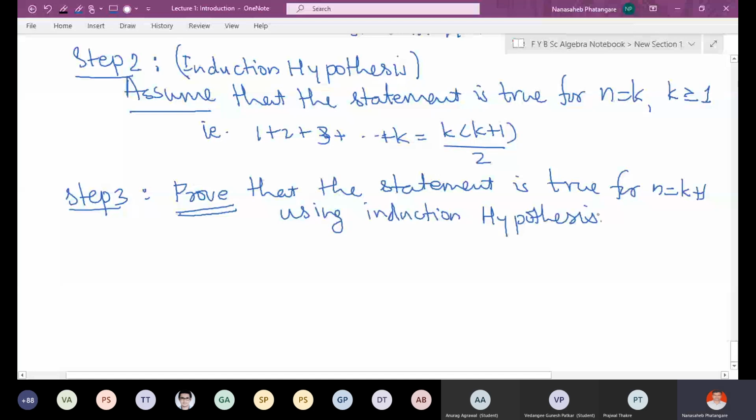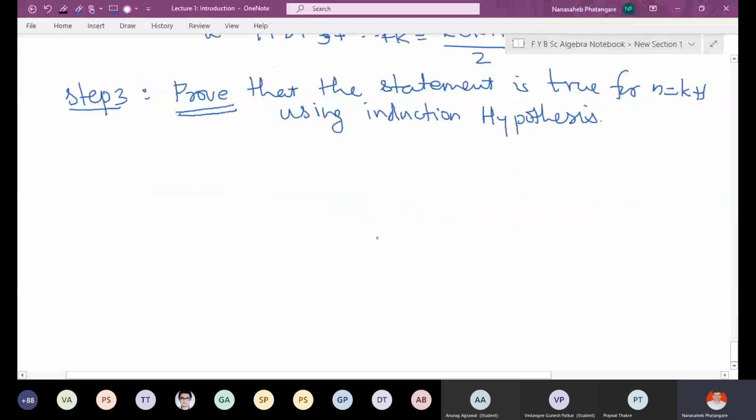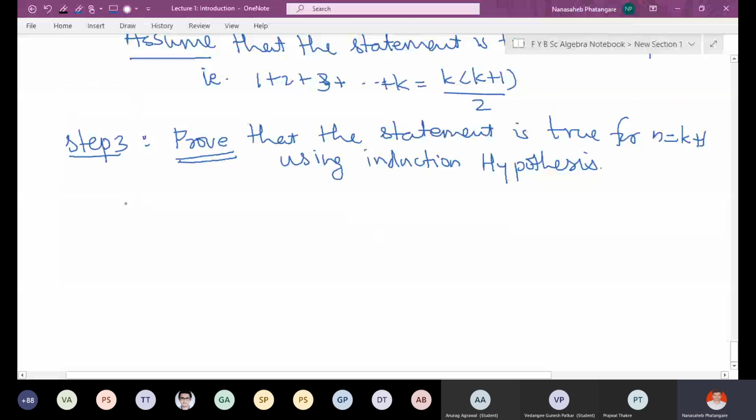Right? So this is what we want. Okay, so that is what we want to prove. We want to prove that 1 plus 2 plus 3 plus up to k plus k plus 1 next, right?